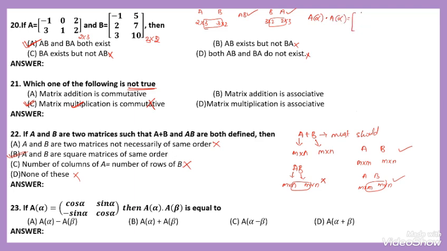That is, A of alpha means cos alpha, sin alpha, minus sin alpha, cos alpha.